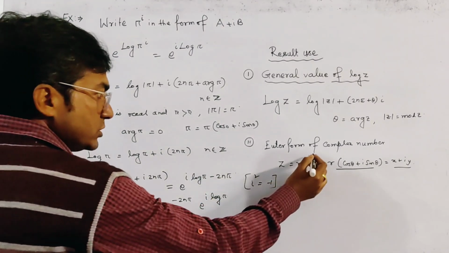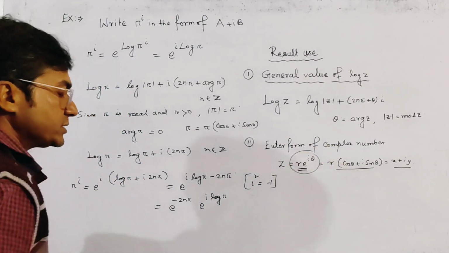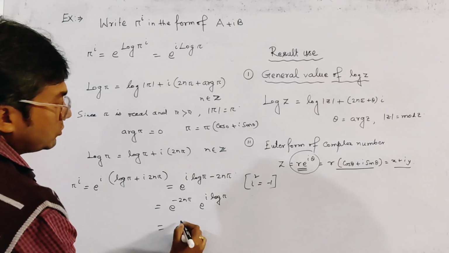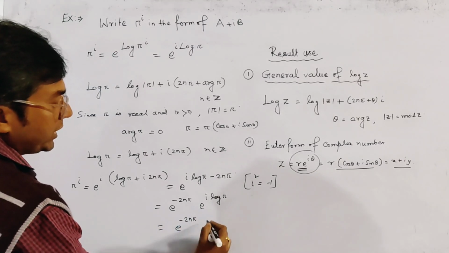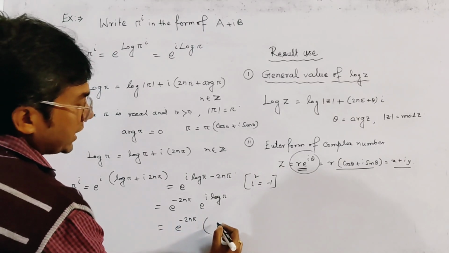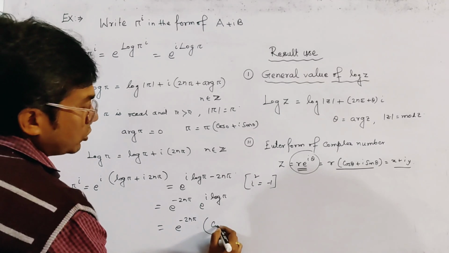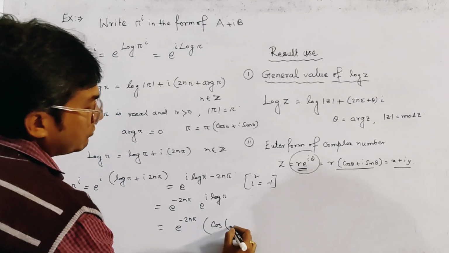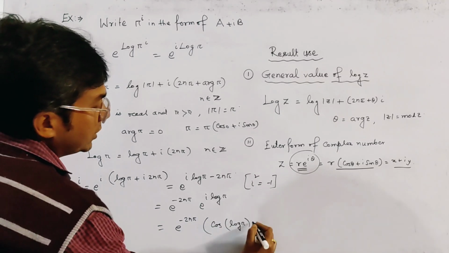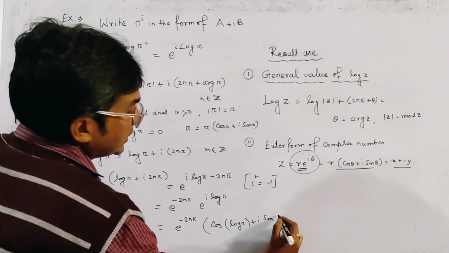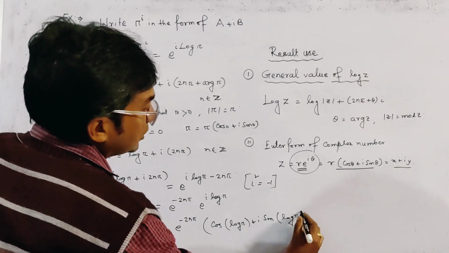Now we use the Euler form of a complex number. We get e to the power minus 2n pi into, this can be written as cos of log pi plus i sin of log pi.